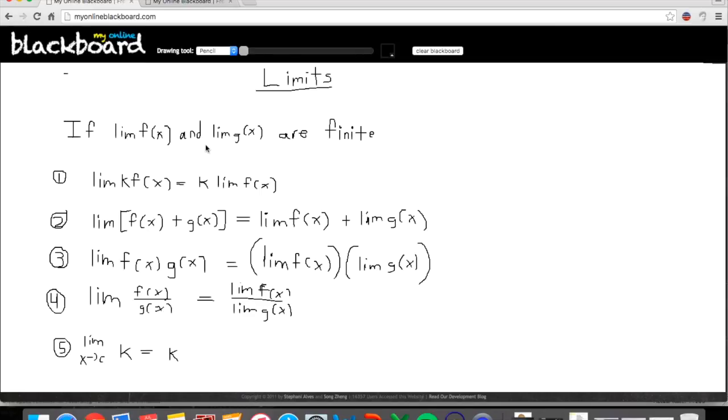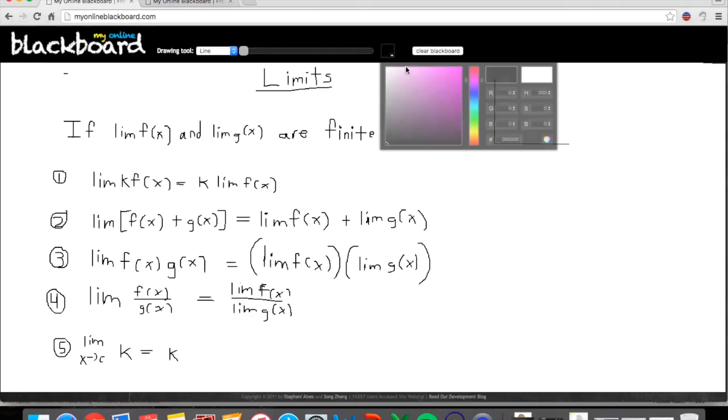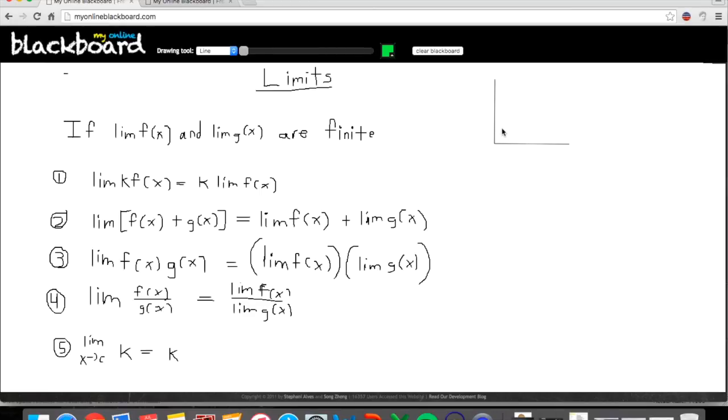It says that if the limit of f of x and the limit of g of x are finite, so, excuse my sloppy handwriting, but what this means is that so long as you have a graph here, I'm going to draw it out here, where you don't have some sort of extreme. Basically, if you have a graph that does this, that limit is infinite, right?